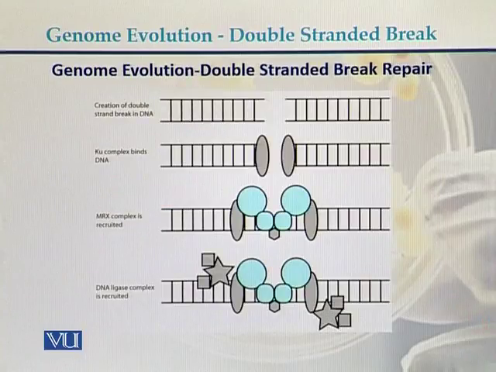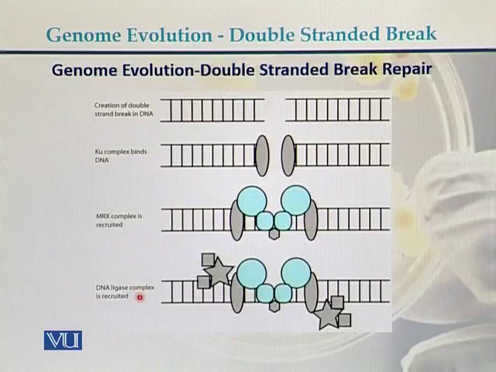This is another diagram in which we can see how double-stranded breaks are repaired. Here we can see there is a double-stranded break. This strand is broken and this strand is also broken. So when there is a double-stranded break, the Ku complex binds to the DNA here. Then the MRX complex is recruited.